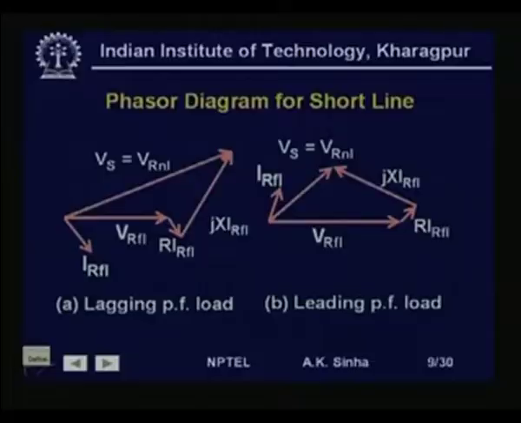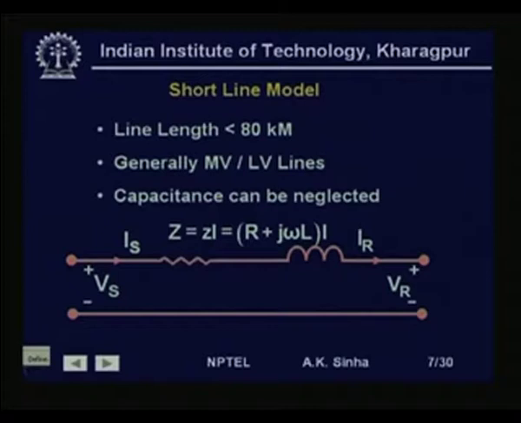Of course, in case of short lines, V s is also equal to V r at no load, because if there is no current flowing in this, then the voltage V r and V s will be equal.